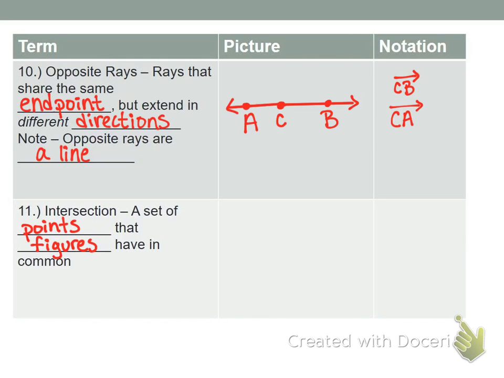We will see some in our examples coming up here. One of the most basic ones would be the intersection of two lines. The intersection of two lines is always a point. You can label it if you want.